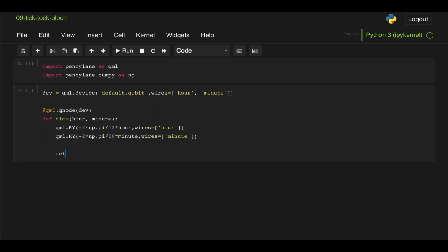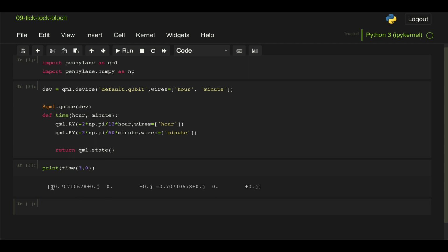And then here we're asked to return the probability vector, but let's first return the state to make sure that we are implementing this correctly. So if we just run this and then we call this time and we pass, let's say, 3 o'clock, right? So 3 for hour, 0 for the minute, and we just print that output.